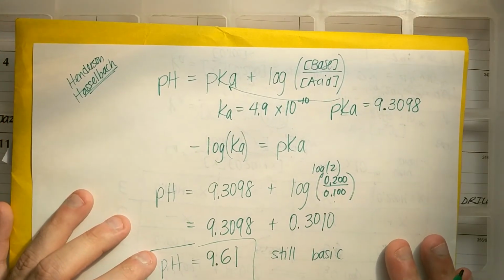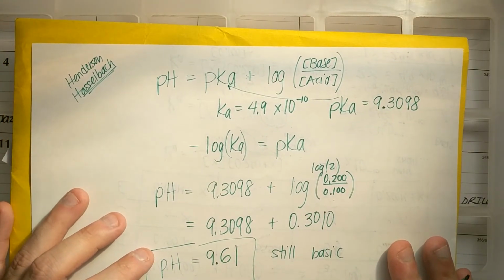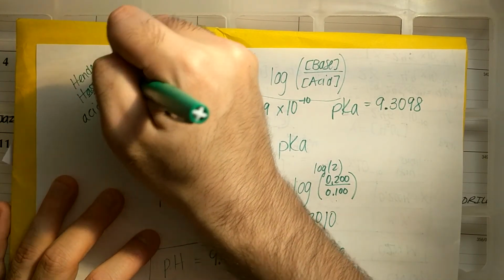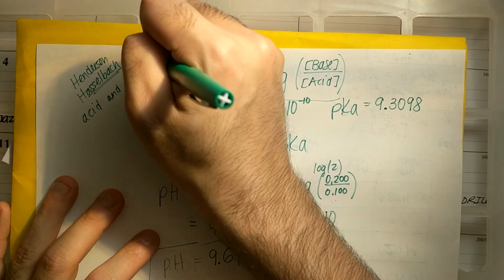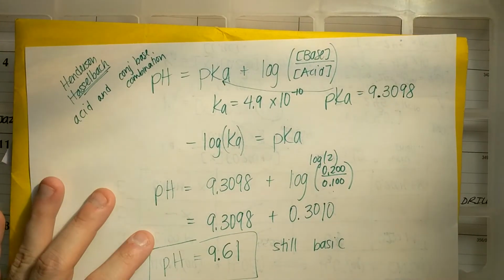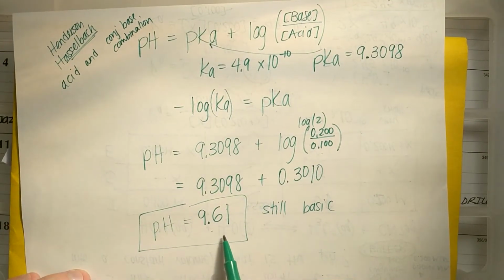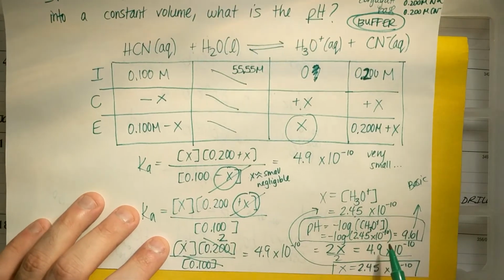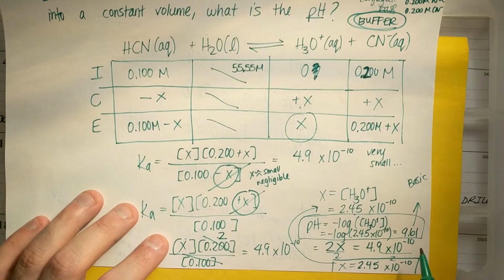It's on the reference sheet. And if you know how to use it, it's very simple. You use this equation for an acid and conjugate base combination, and you get the same answer. My pH is 9.61. Using all of this work, I still get my pH is 9.61. So that's the amazing thing here.